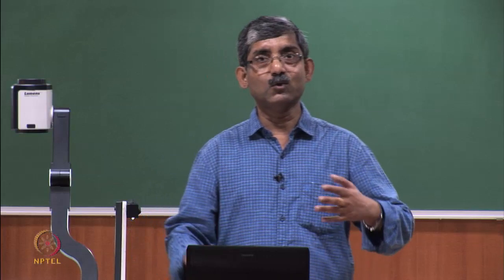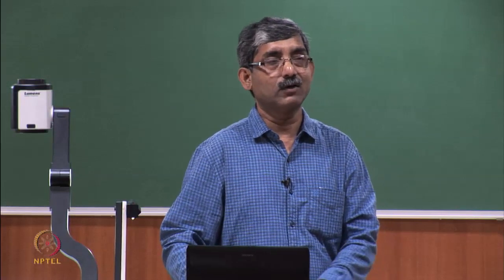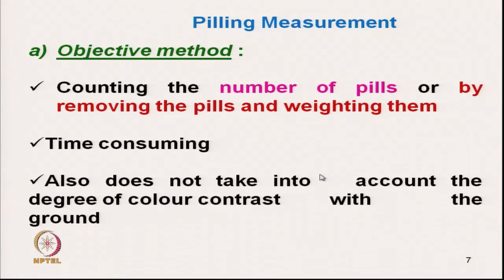In these two ways we can express the peeling, but the main problem of these methods is that they are time consuming and they also do not take care of the actual degree of color contrast, which is very important.